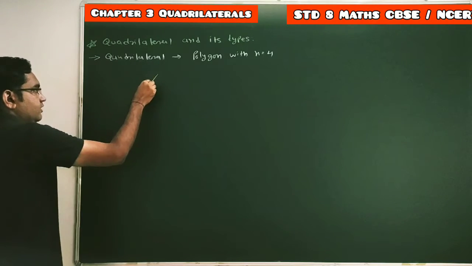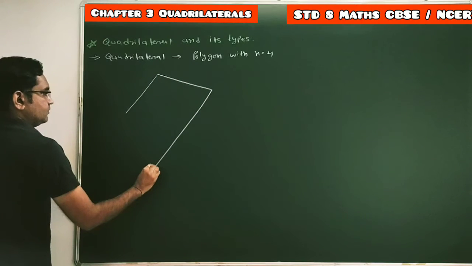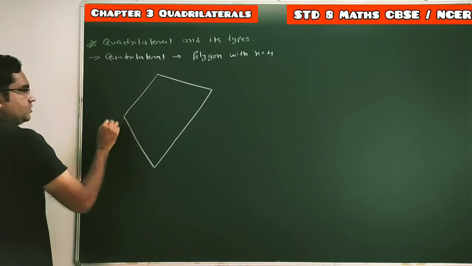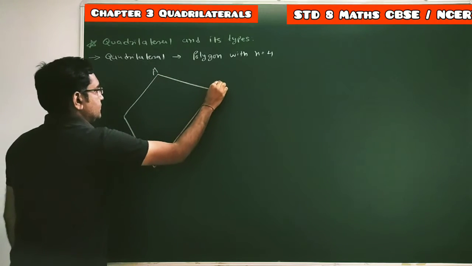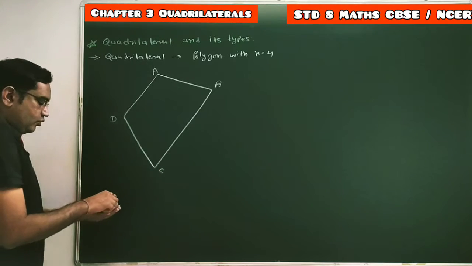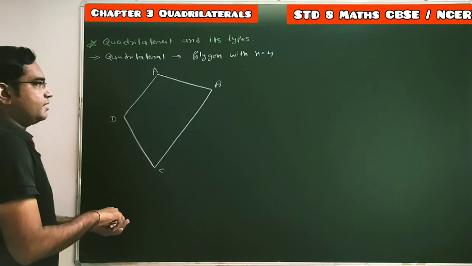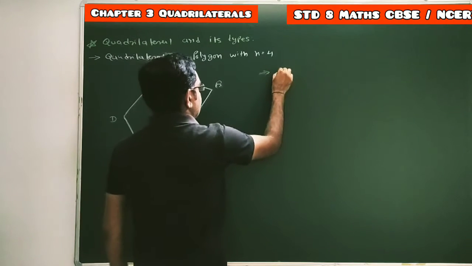So consider this one given quadrilateral ABCD. In this quadrilateral, total 4 sides are there.